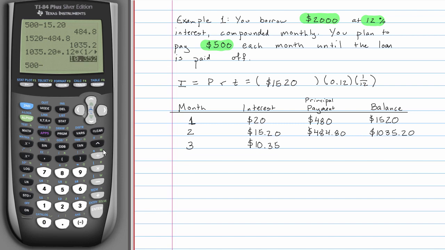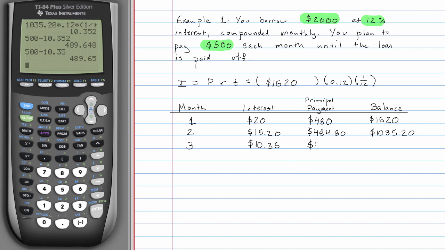which means that $489, I'm going to put in the rounded value, $489.65 goes toward paying down my balance. I owe $545.55.